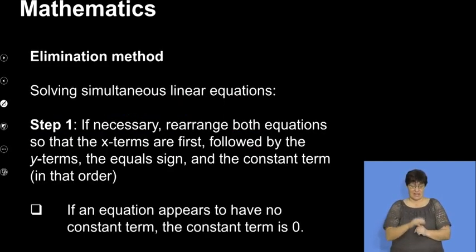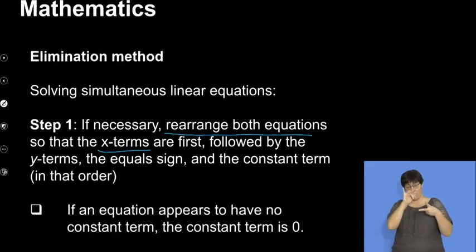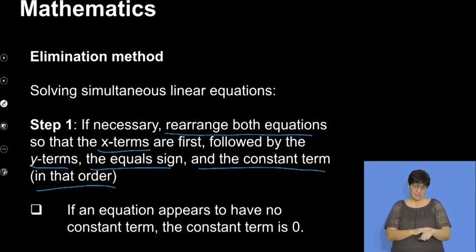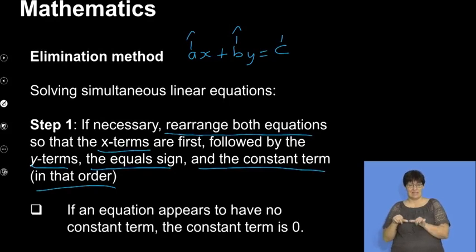The steps to do this, the very first step will be, whenever necessary, you need to first rearrange both equations so that the x terms are first, followed by the y terms, and the equal sign, then our constant. Please try to do it in this order most of the time, right? So it must be ax, where a is a constant value, plus by, equals c, which is another constant value.